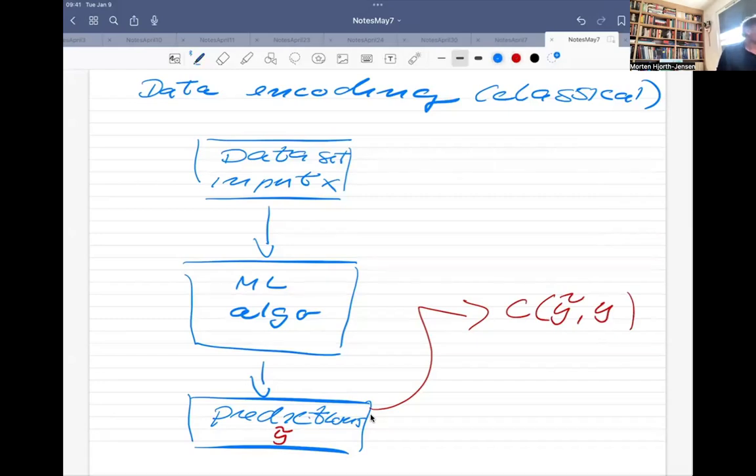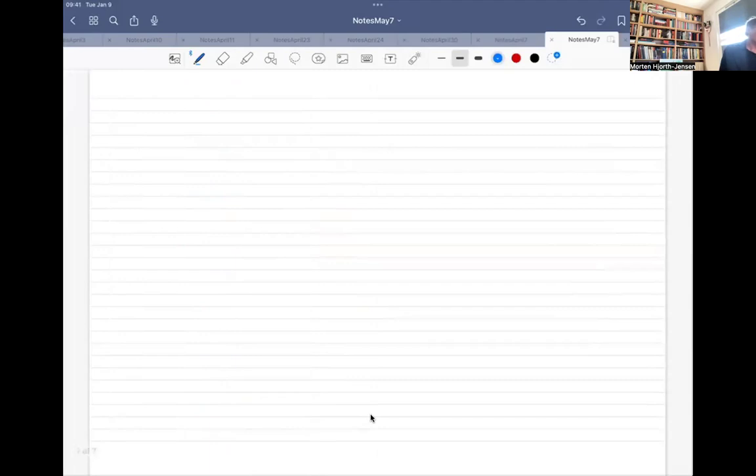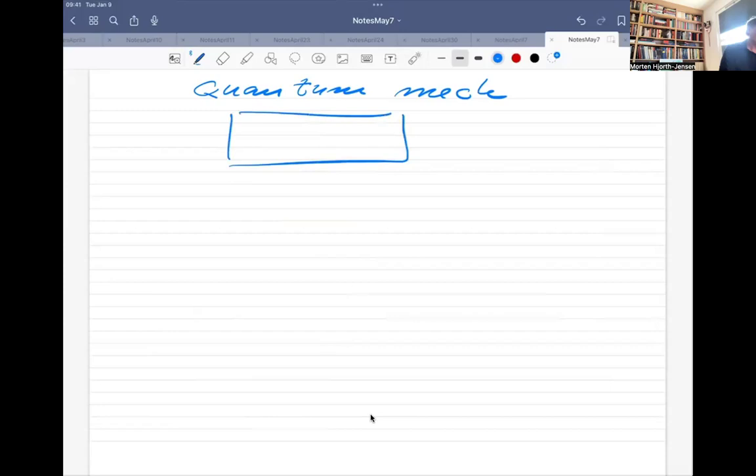When we now do the quantum mechanical aspect of this same algorithm, we would start again with a data set. So let's now look at the quantum mechanical. We would still have the data set, which we are going to view as a classical data set.